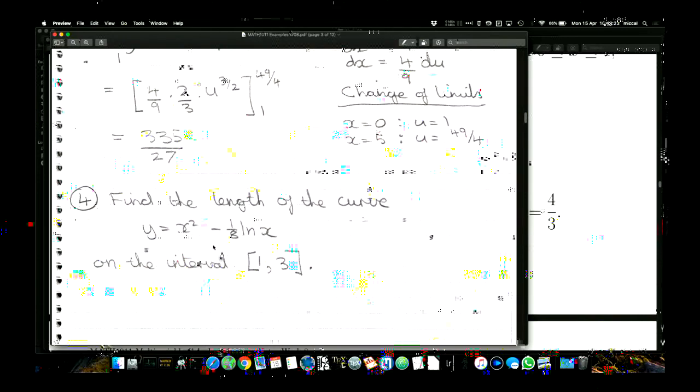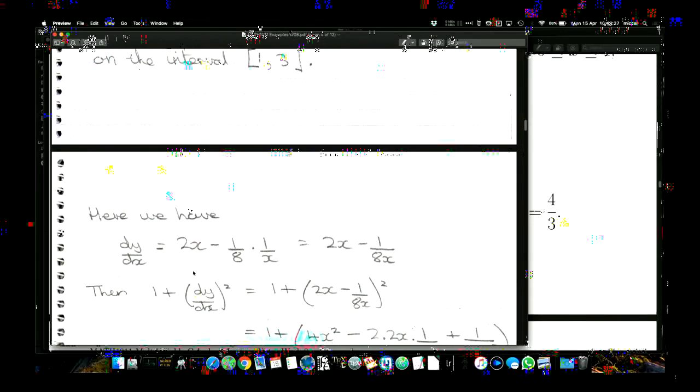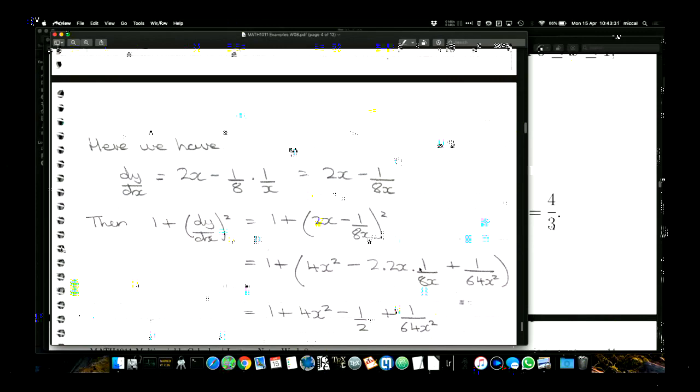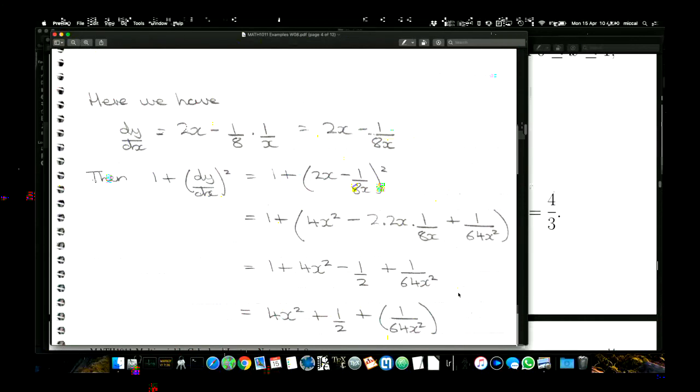What about this one? x squared minus an eighth log x. Now, if I find its derivative, and I find this first, and I get down to, ooh, I can't integrate the square root of that. That's not something I would expect you to do.